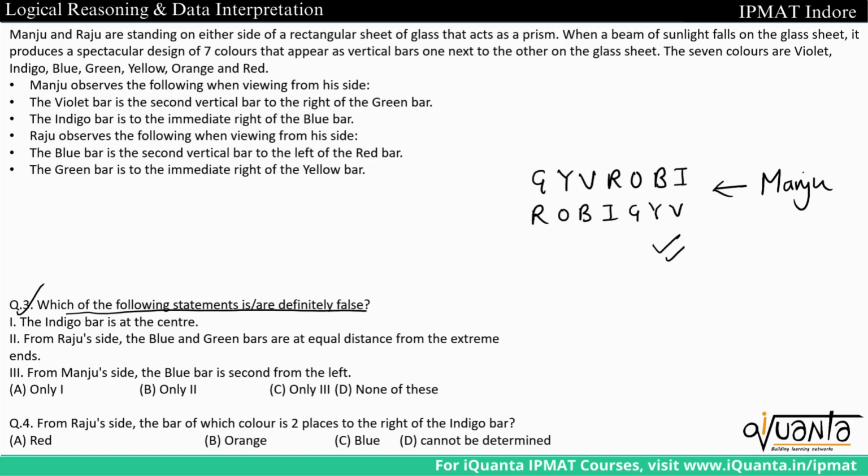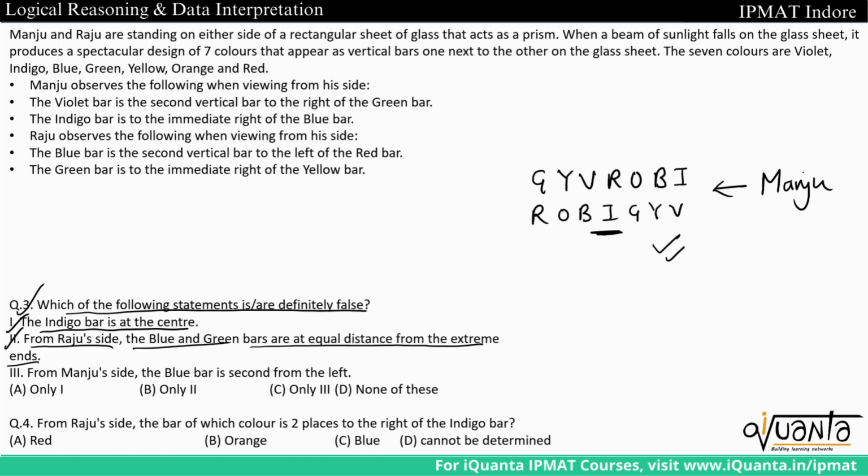So the first statement is, the indigo bar is at the center. So yes, in one of the cases we have indigo bar at the center, so there's a possibility of statement 1 being true, so we cannot take it as the answer. Second option is, from Raju's side the blue and green bars are at equal distance from the extreme ends.